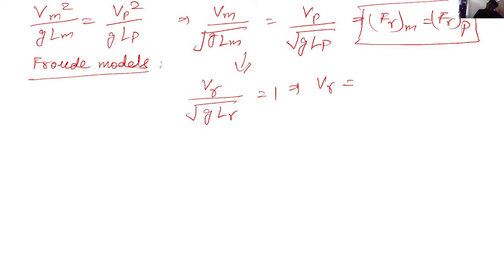This would be VR by square root of LR equal to 1. So from it we can get VR, the velocity scale ratio, is the length scale ratio to the power half.